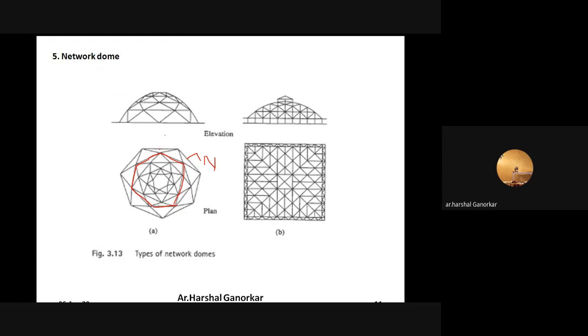So if at the bottom it is 7, then at the upper portion it would be 6.